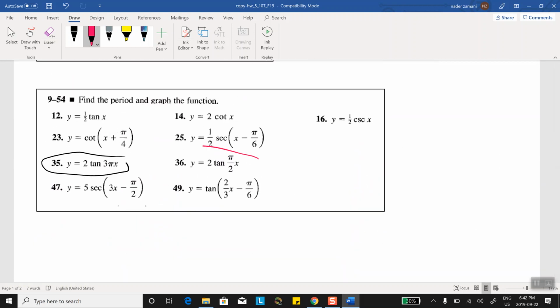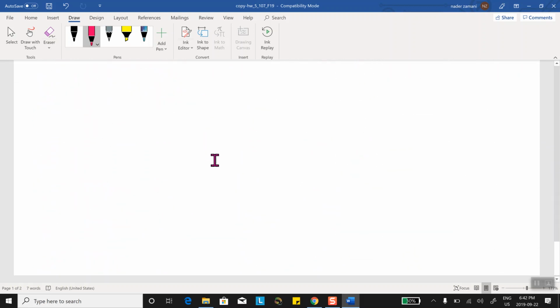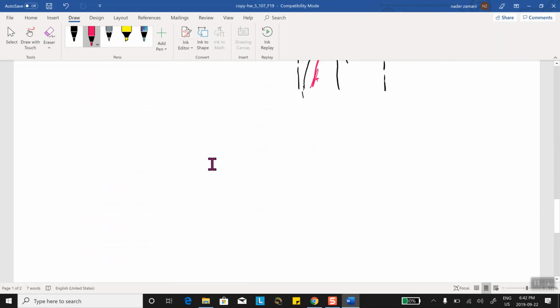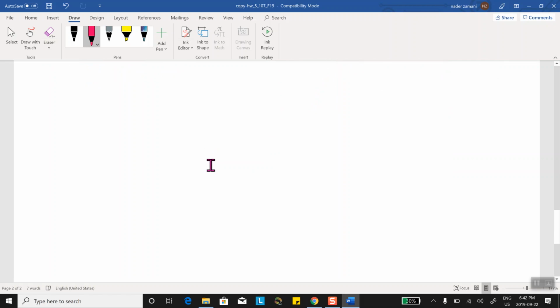The next one is right there: y equal to 2 tangent of pi over 2 x. Let's go do it here, another page. Okay, that was fine. So my next problem is going to be y equal to 2 tangent of pi over 2 x.